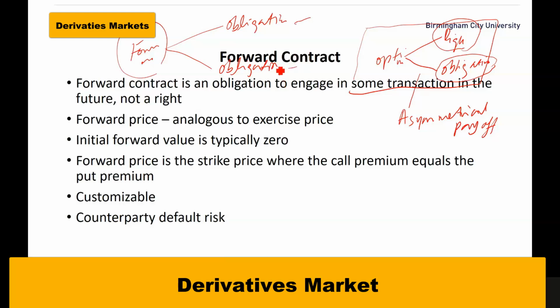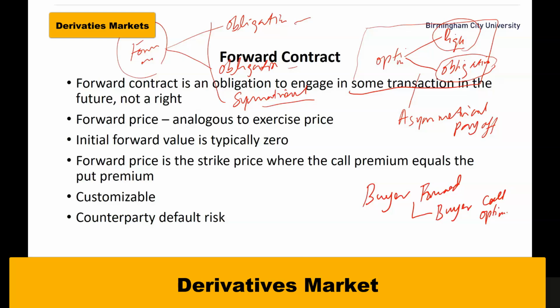And this is why we say that forward contracts and futures contracts, as well as swaps, have symmetrical payoffs where none of the parties is in a better position because both have the same obligation. So their possibilities of losses and gains are symmetrical, like a normal distribution, half and half. Okay, so that is how they are different in terms of their payoff.